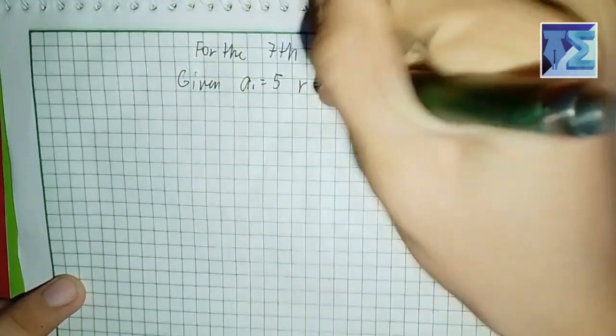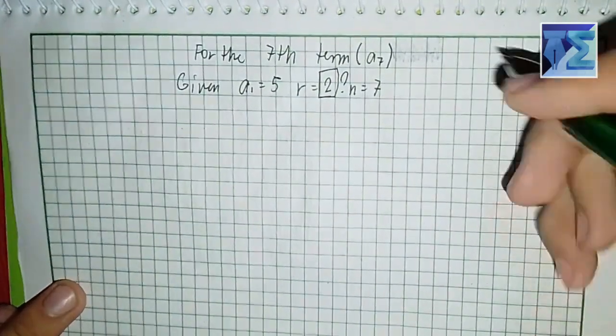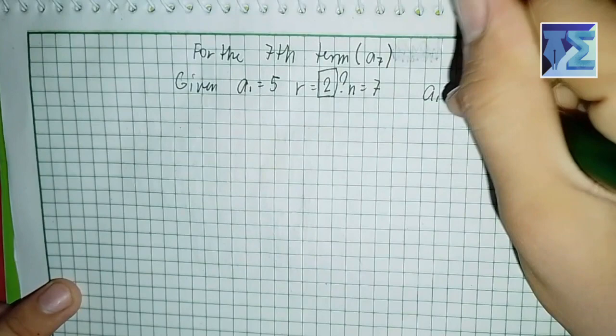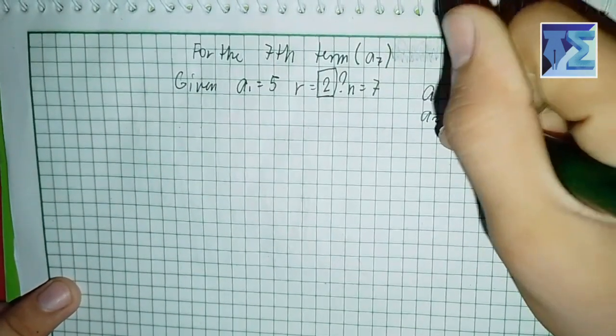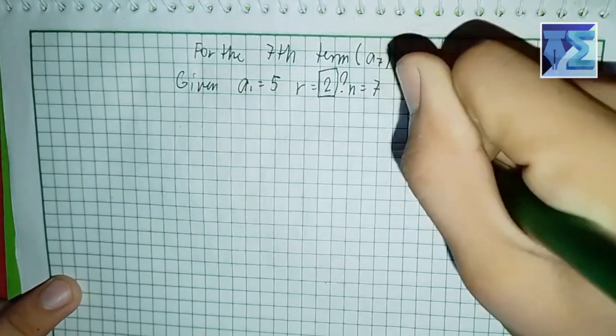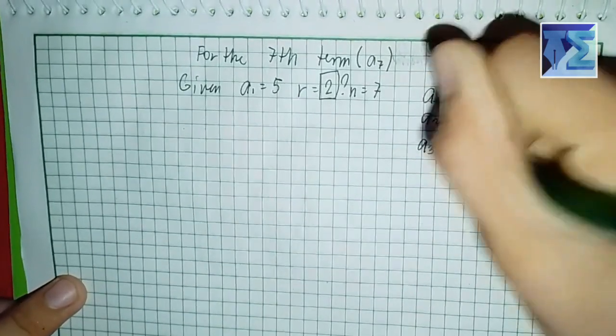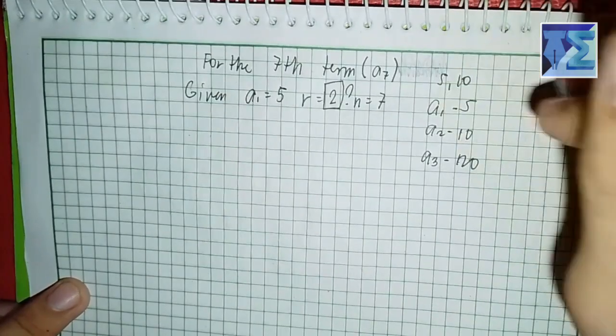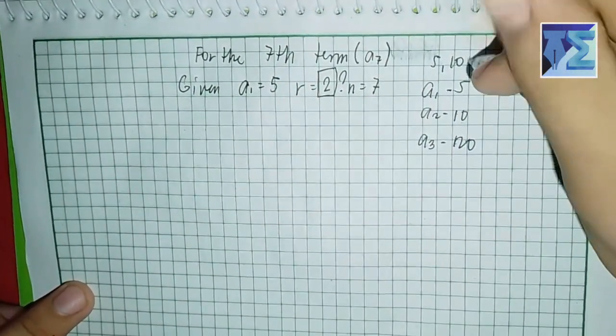Why is the common ratio 2? So a sub 1 is 5, a sub 2 is 10, and a sub 3 is 20. So the sequence is 5, 10, and 20.